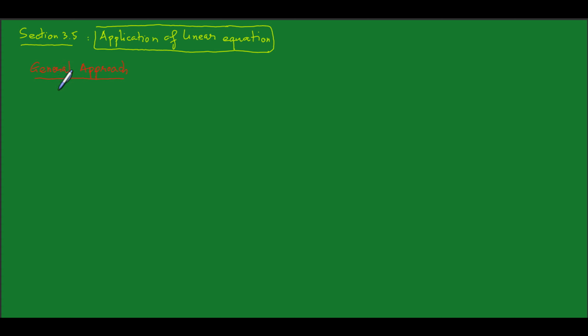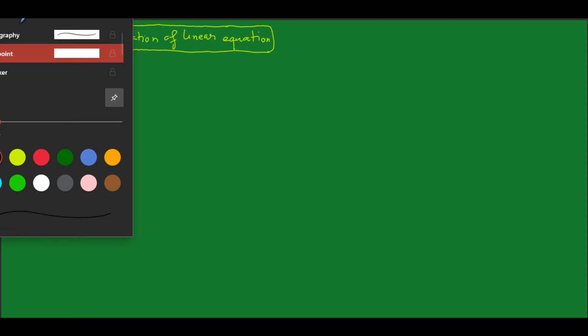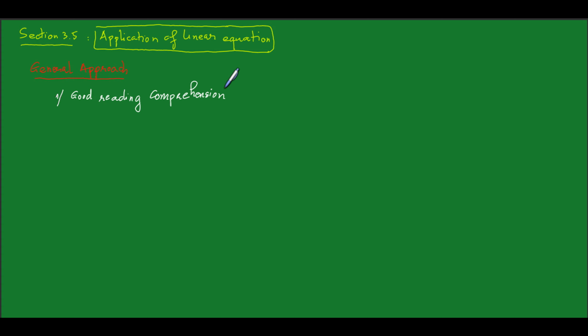In order to solve a word problem, an application of linear equation, the first thing is that you must have very good reading comprehension, because this is a word problem, right? So when you read it, you must be able to understand it.